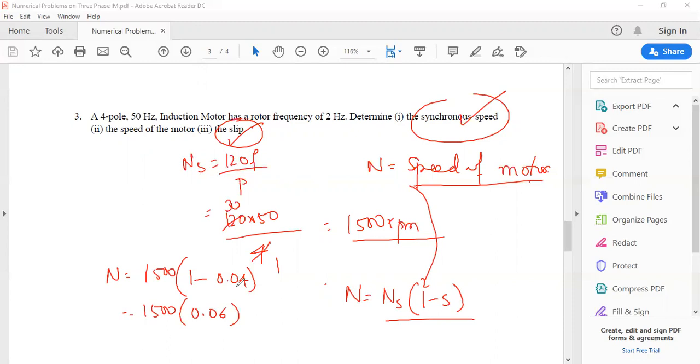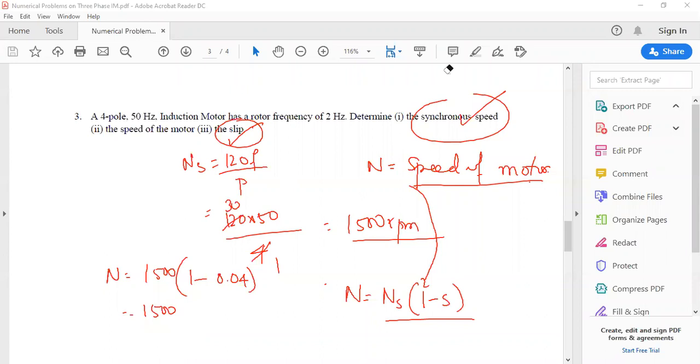Let me calculate. 1500 multiplied with 0.06. Yeah, I just made a simple mistake here.